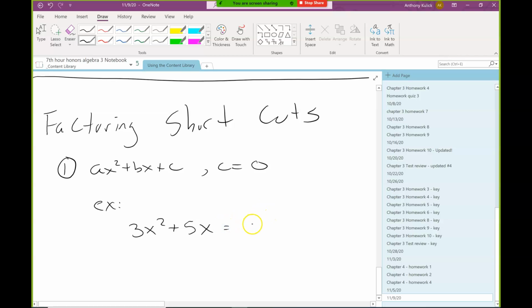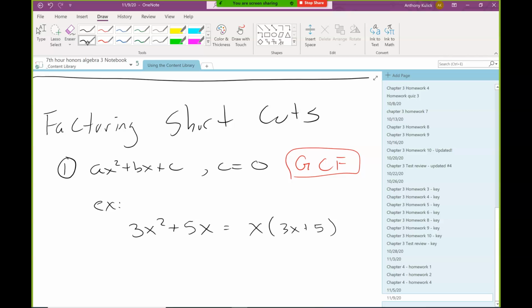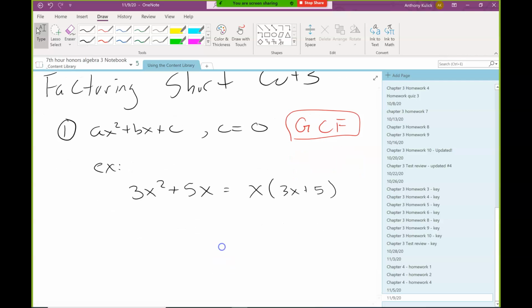All you can do is a greatest common factor here. So that's all that we can do in a situation like that. Okay there? Hopefully that feels pretty obvious. It's like, well, I didn't really need you to tell me that. Well, you know.